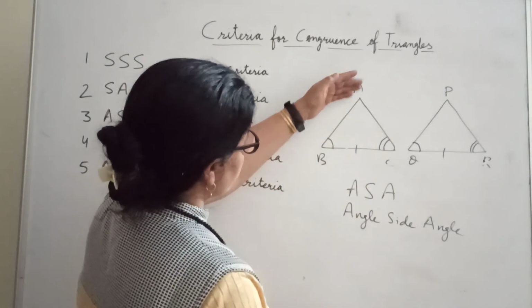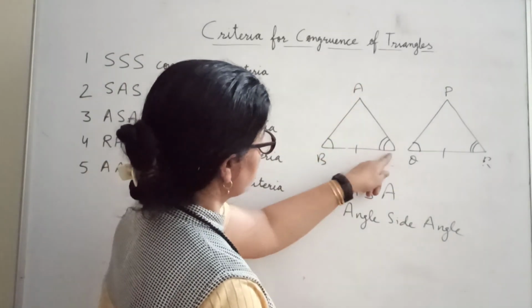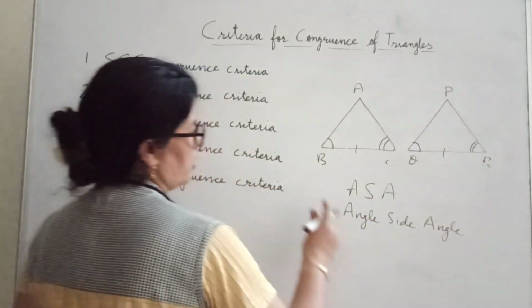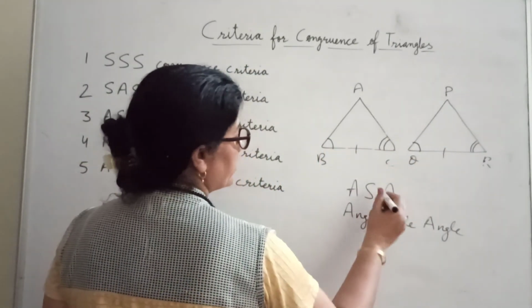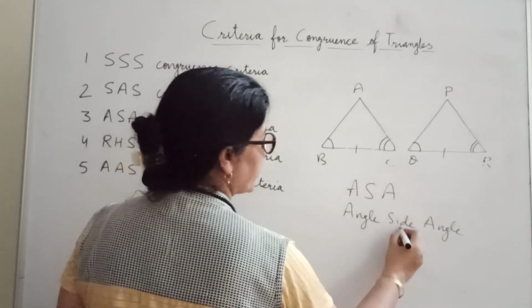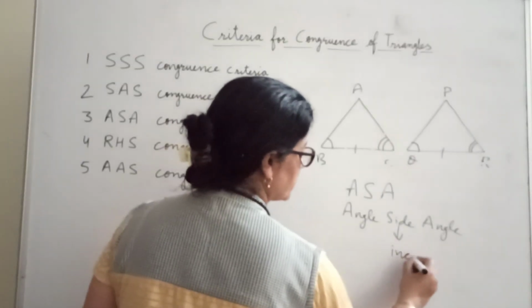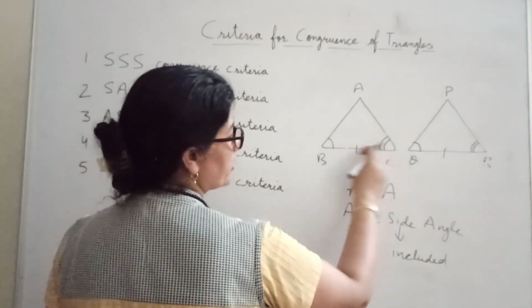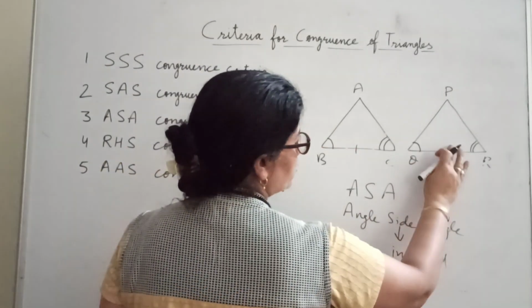Angle, side, angle. But it is the condition that the side should be included. Included side should be there. If the side is not included, then they will not be congruent.